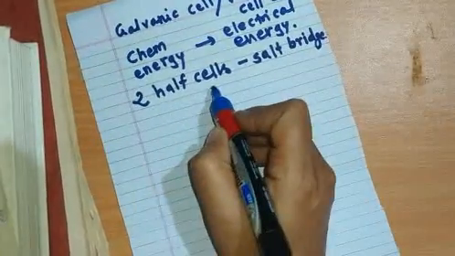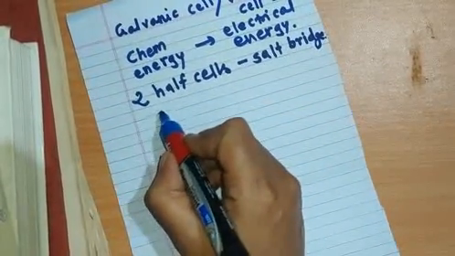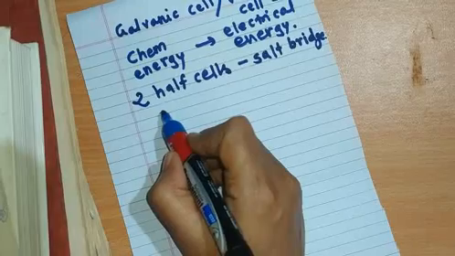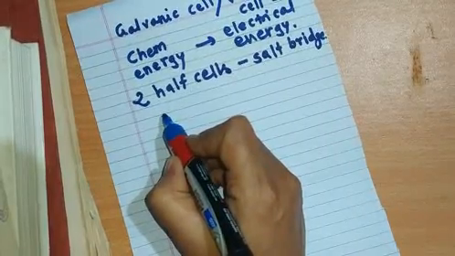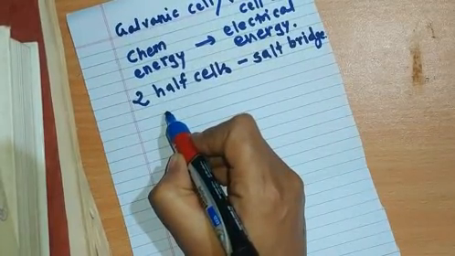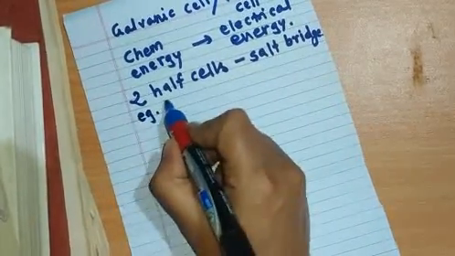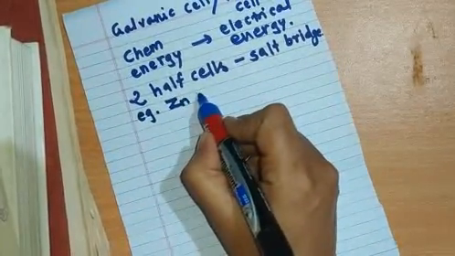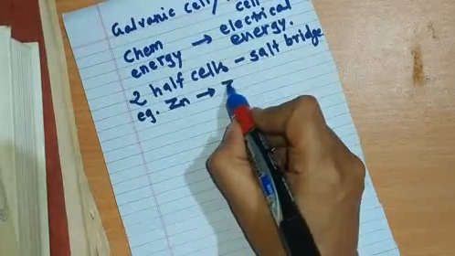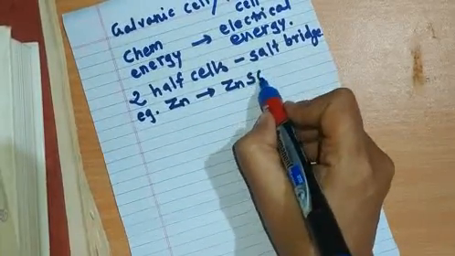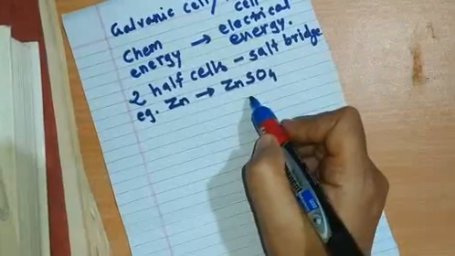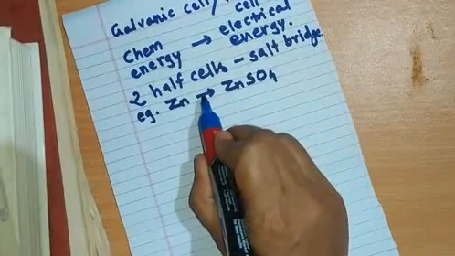Which are the two half cells? Each half cell is nothing but a metal strip dipped in its ions. An example is a zinc strip dipped in a ZnSO4 solution. It is one type of half cell.